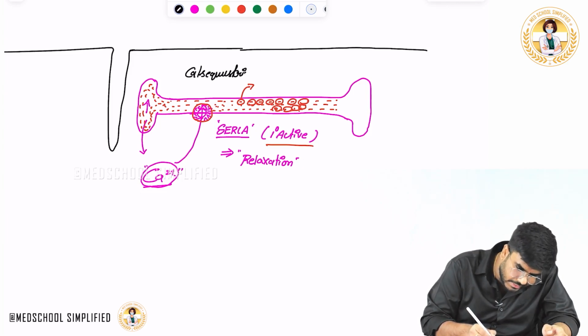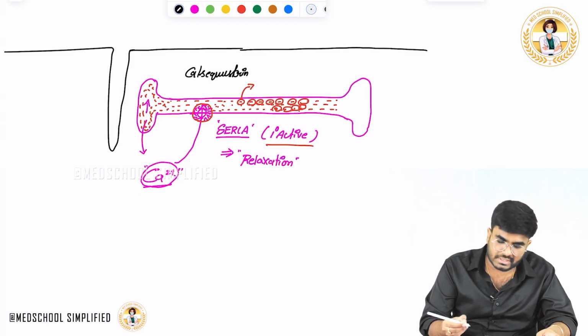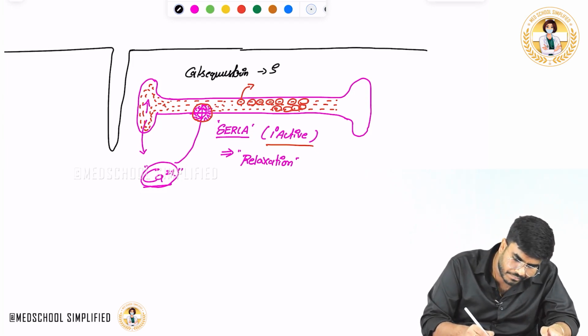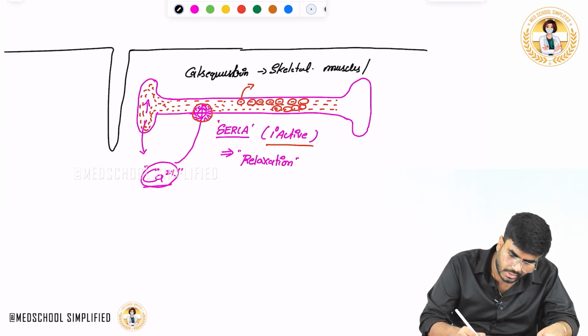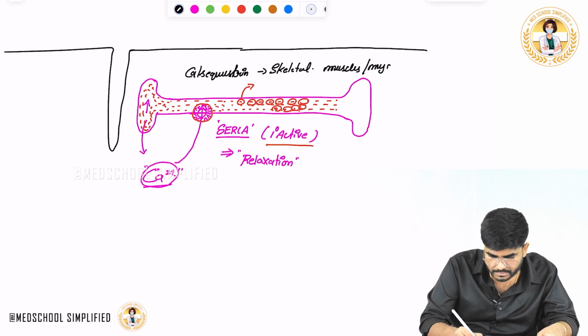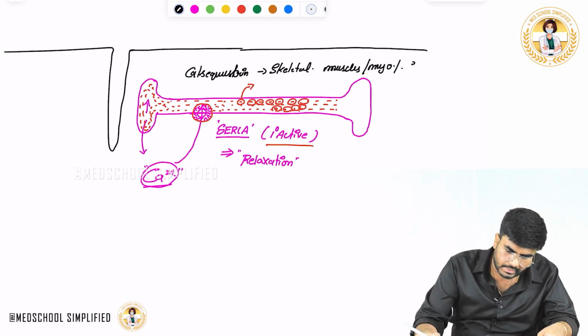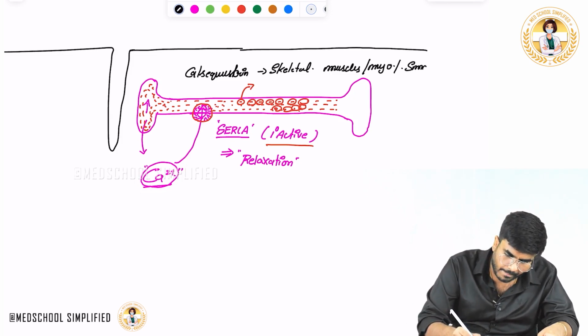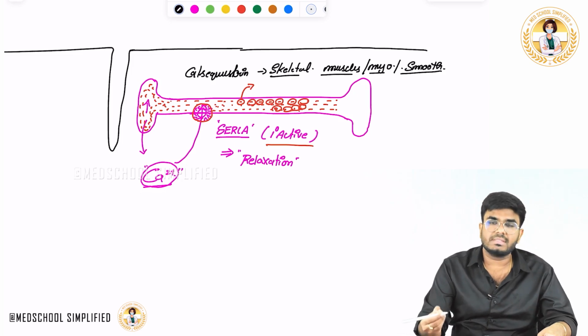This calsequestrin, it is present in skeletal muscles, myocardium and smooth muscle. Okay, it's present in skeletal muscles, myocardium as well as smooth muscles.